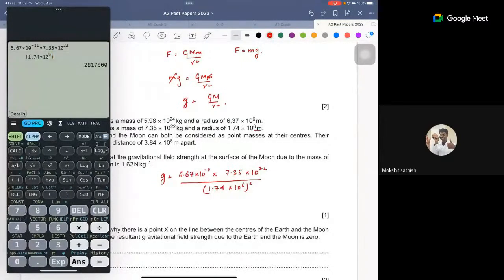I hope it was in meters. Yes, it is in meters. I'm getting exactly 1.62 newtons per kg. So proved.